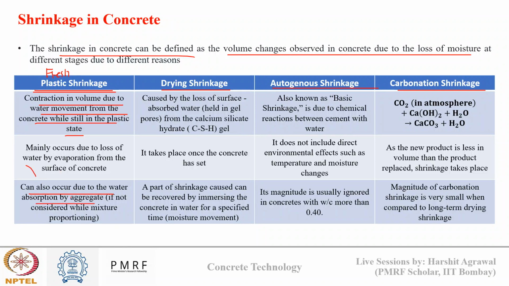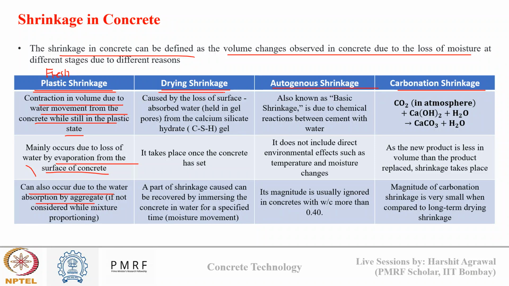Suppose we haven't considered the water absorption capacity of aggregate, aggregates will absorb some moisture from the cement paste, and that can also contribute to plastic shrinkage, or there can be moisture loss due to evaporation from the surface of concrete. So both things are there when we talk about plastic shrinkage.